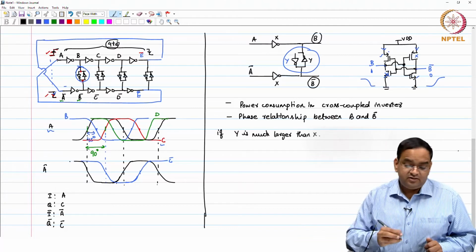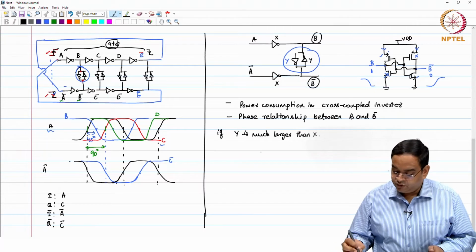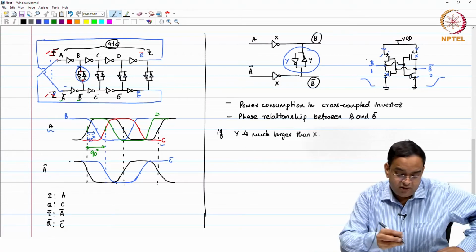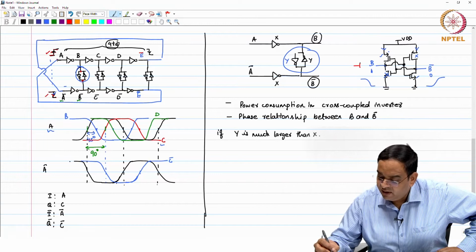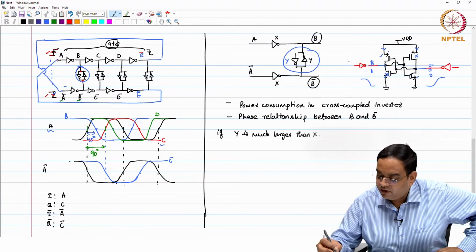One problem is that if Y is much larger than X, I am having this cross coupled inverter and using inverter connected to A and inverter connected to A bar.